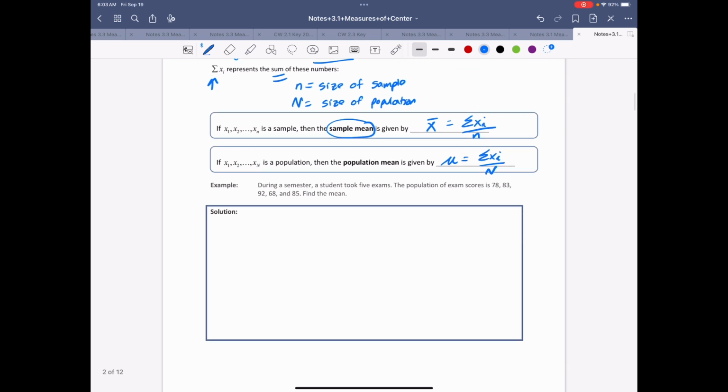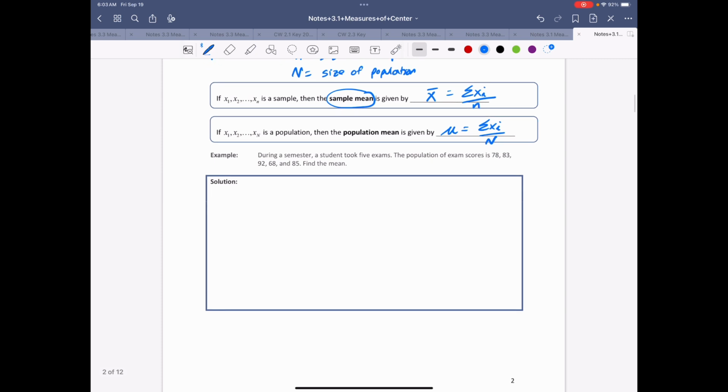When you have a question like this, it would be an Alex question, it's talking about an exam. A student took 5 exams, and it's telling you the population because it's telling you that you need to use mu. So here's what I'm going to do for this problem. I'm going to say mu equals, I'm going to add my scores, and I'm going to divide by big N, the total in the population, 5 exams.